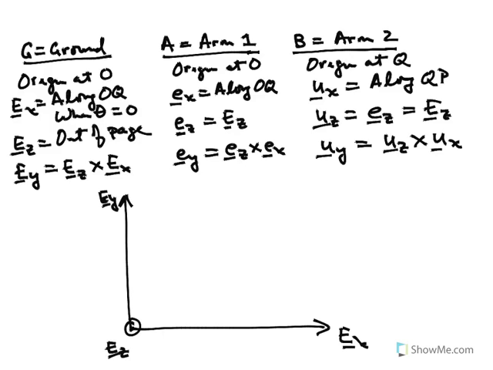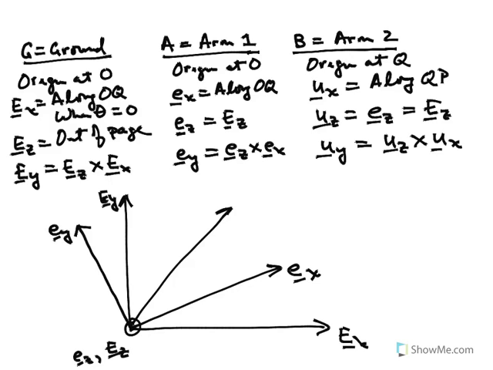And then the first rotating system, which is fixed in the first arm, is going to have EX, and then little ey, and then little ez. And then the second rotating coordinate system is going to have its axes, or its basis vectors, as ux, uy, and little uz.